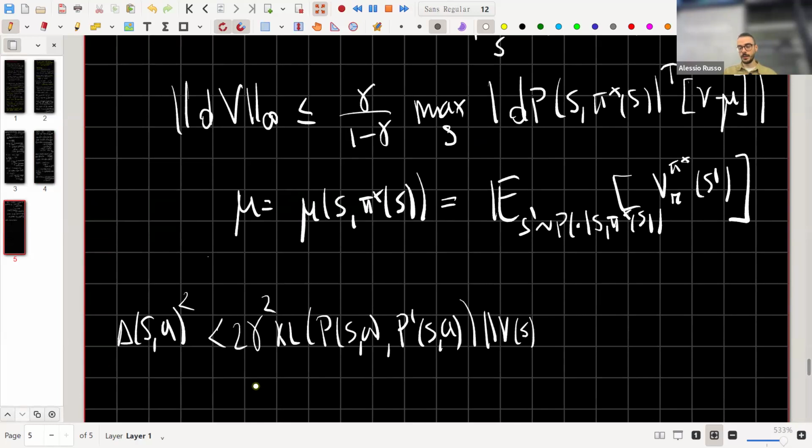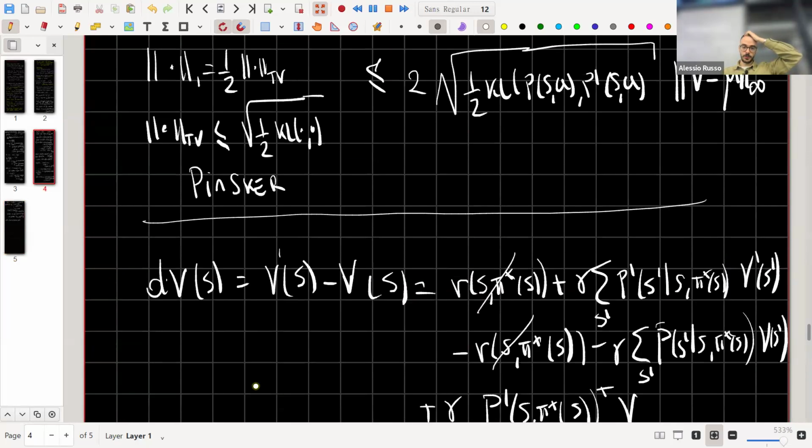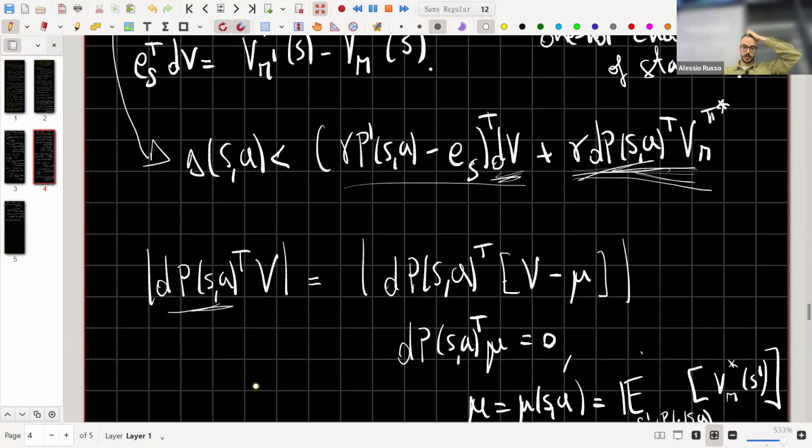This V is the value in the original MDP under the optimal policy. I will just write V from now on. So this is the upper bound for this quantity here.